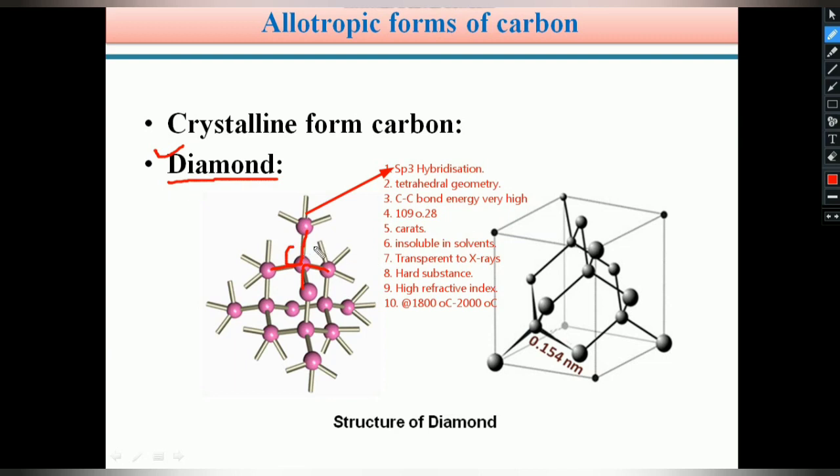That's why it is a very hard substance. With sp3 hybridization and tetrahedral geometry, automatically the bond angle is 109 degrees 28 minutes.